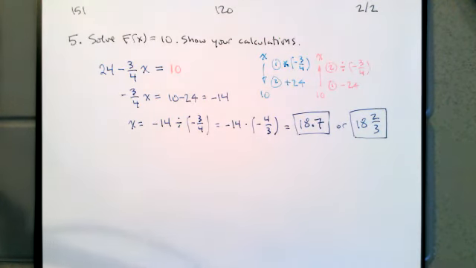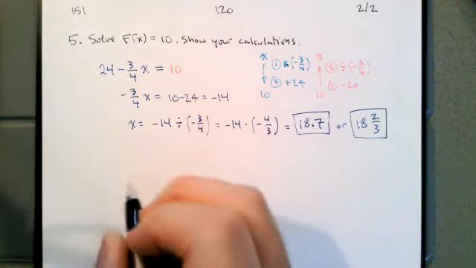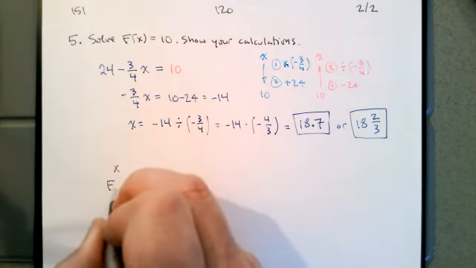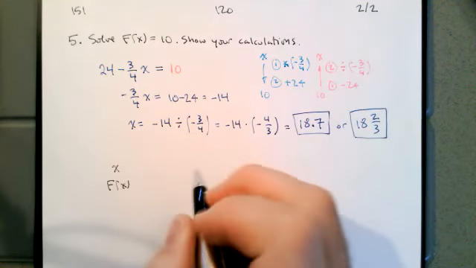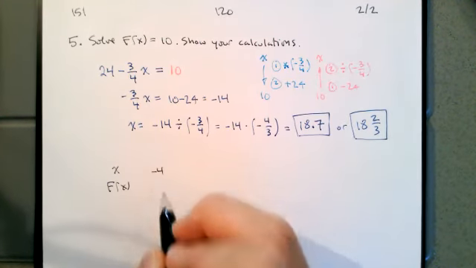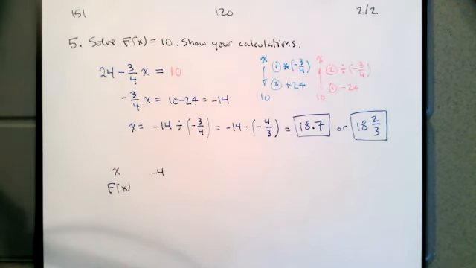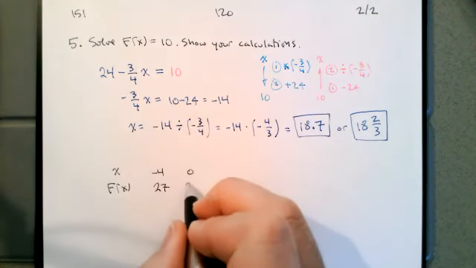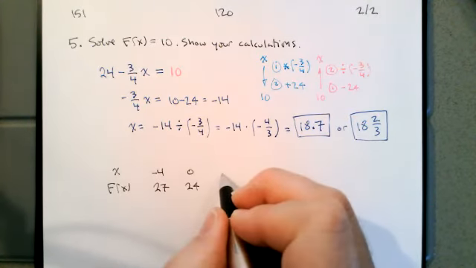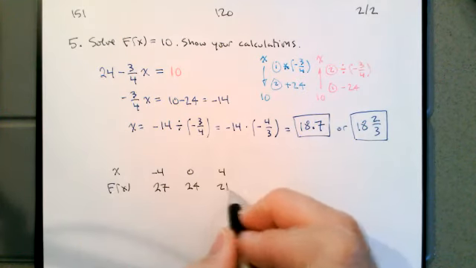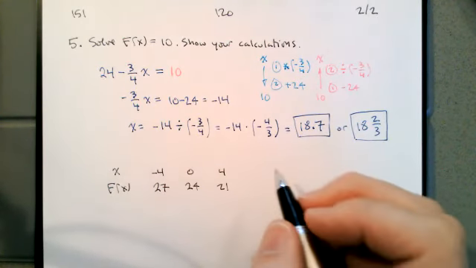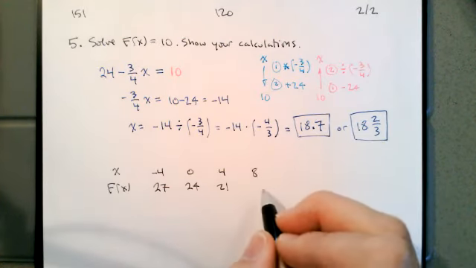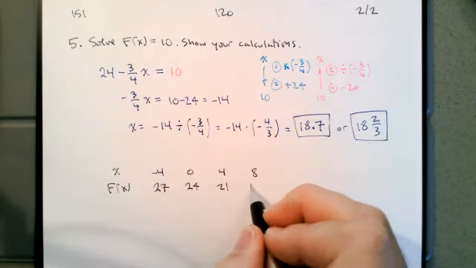We should go back and make sure this all fits with our original function. So originally we had values for x and f of x: negative 4 and 27, then 0, 24, and then 4, 21, and then 8, 18.